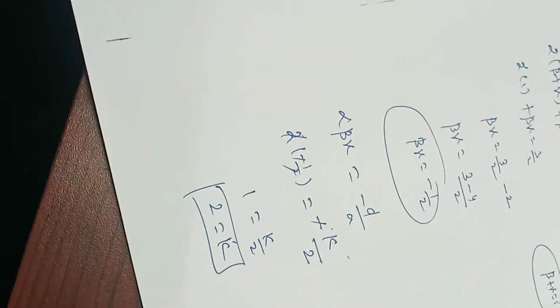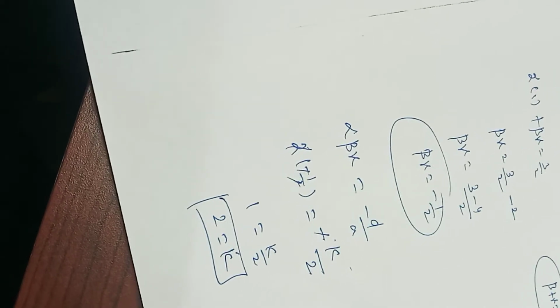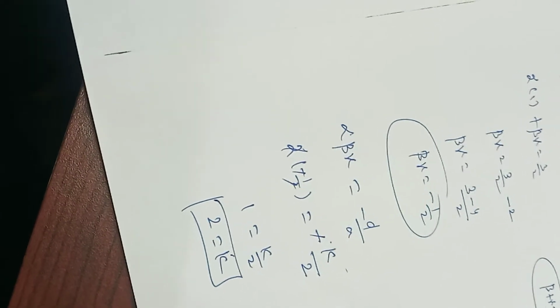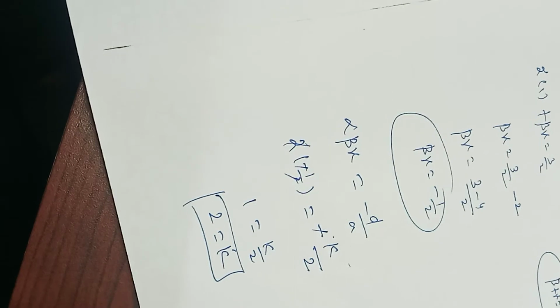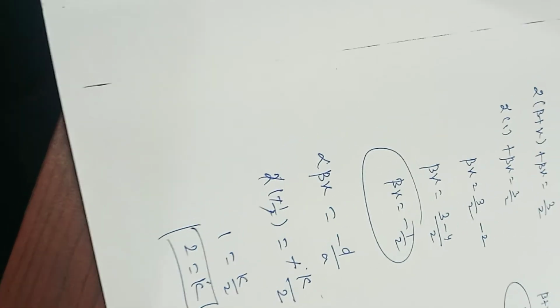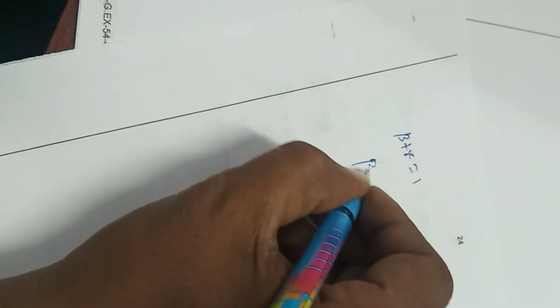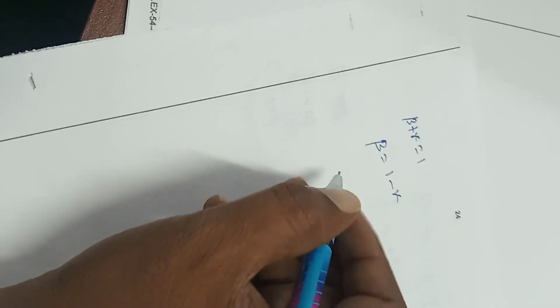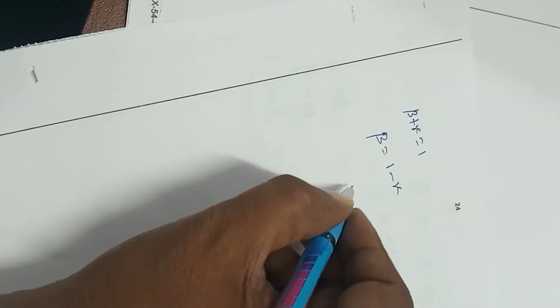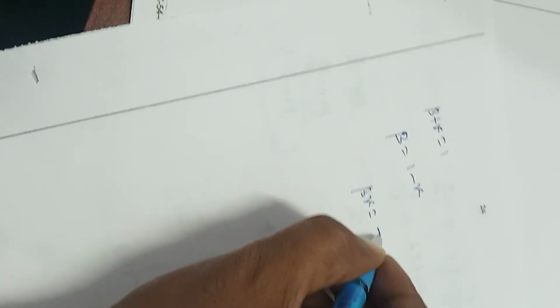The last one: we have found the values of alpha and k, now find the beta and gamma values. Beta plus gamma is equal to 1, so beta is equal to 1 minus gamma. Beta gamma is minus 1 by 2, so substitute beta as 1 minus gamma: gamma into 1 minus gamma is equal to minus 1 by 2.